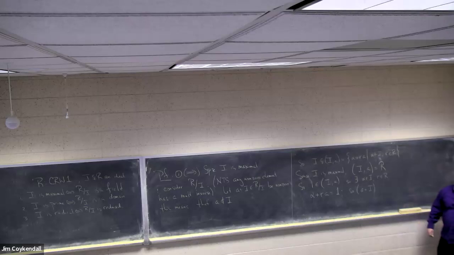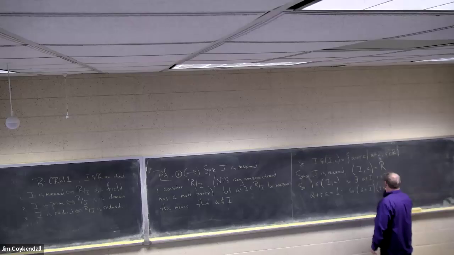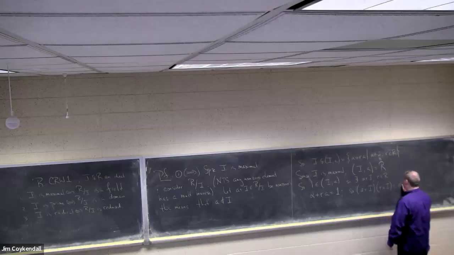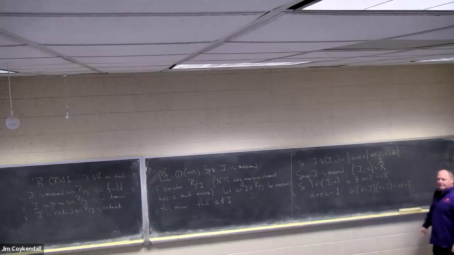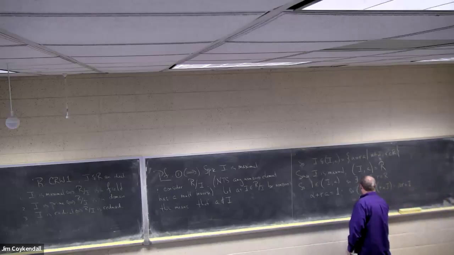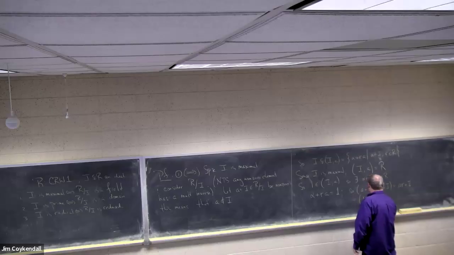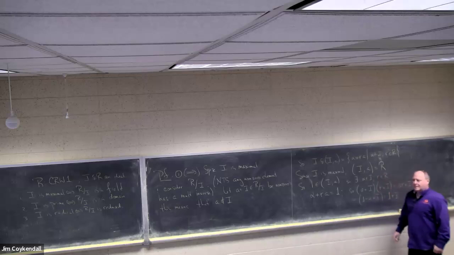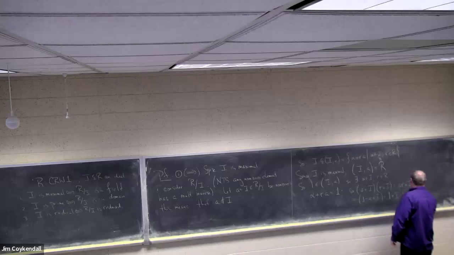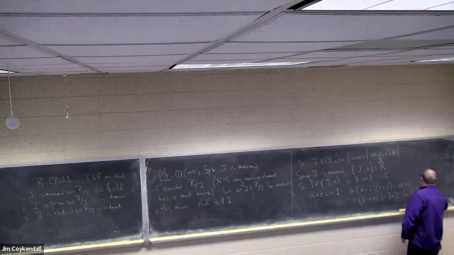This equation sets up for it: r plus I times A plus I is r A plus I, which is one minus alpha plus I, which is what? One plus I, because alpha was in I. So A plus I is invertible.